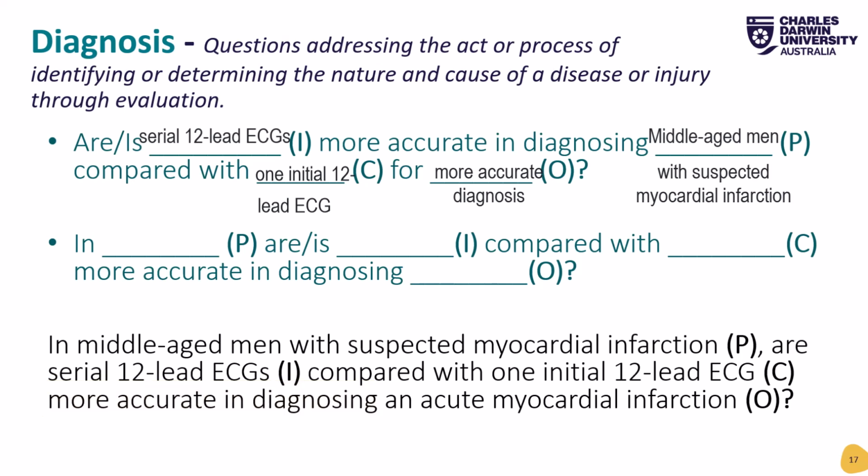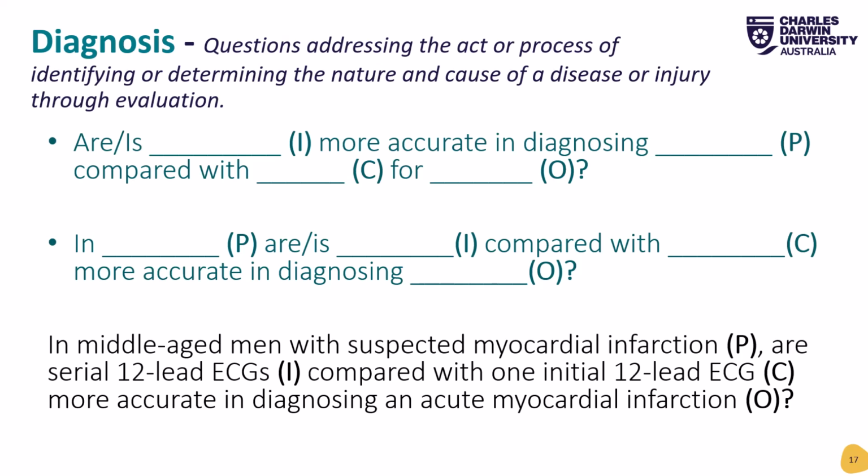Another way of structuring the question would be saying, in middle-aged men with suspected myocardial infarction, are serial 12-lead ECGs compared with one initial 12-lead ECG more accurate in diagnosing acute myocardial infarction?